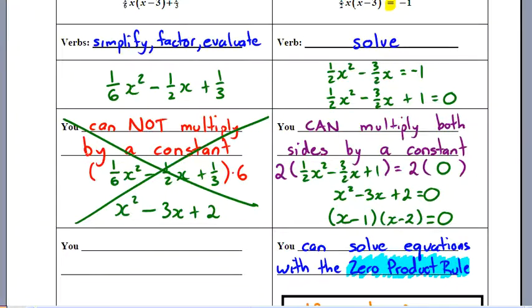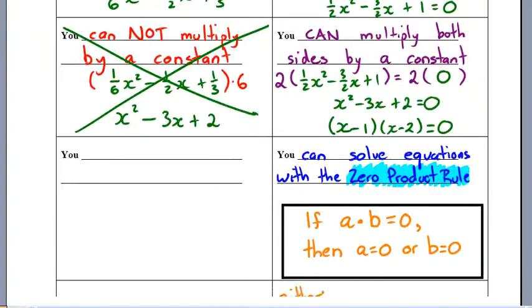So what are our options if you want to work with this expression and you happen to have fractions in there? You could do this: you can use a least common denominator to simplify. Okay, so what would that look like?